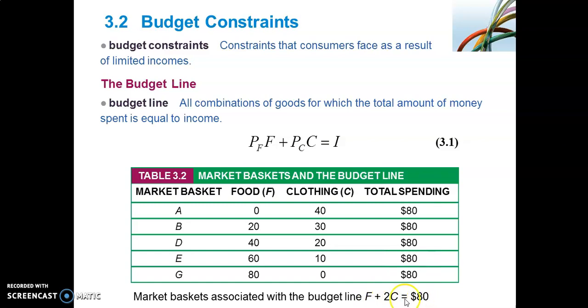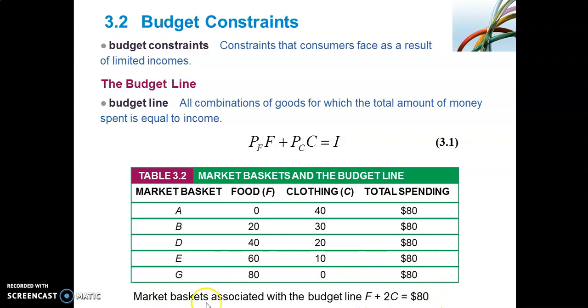So from this, I can infer that the price of food is $1 because the coefficient of this variable F would be the price, and since it's not shown, we know that this coefficient would be 1. And here the coefficient of C is the price of clothing, and we can see that it's 2, so that would imply that it's $2. And your total income is $80 per week. So that is the budget line.